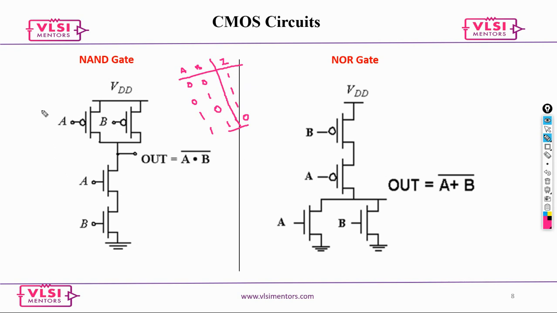Let's just apply 1 1. What is happening to the transistors? This is on and this is on. The pull-down transistors are on, so there is a path to ground, and the pull-up ones are off. Now, so there is no charging path. Both are off.